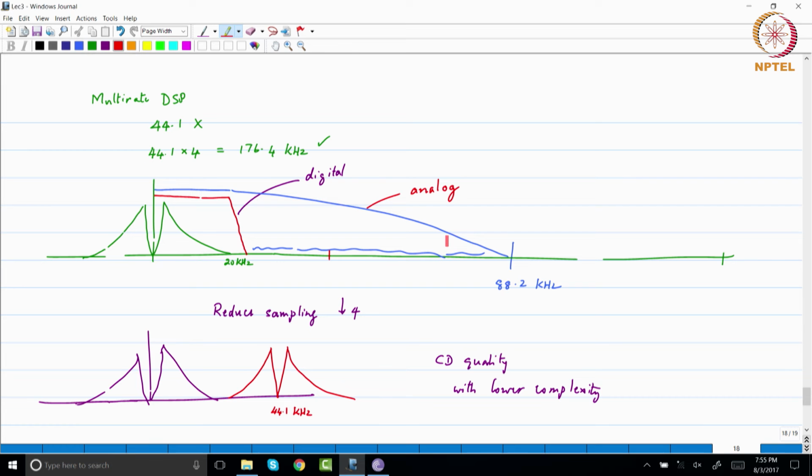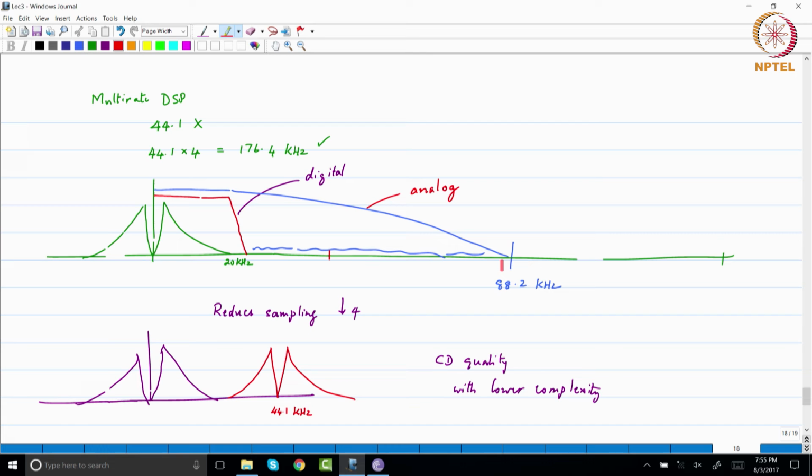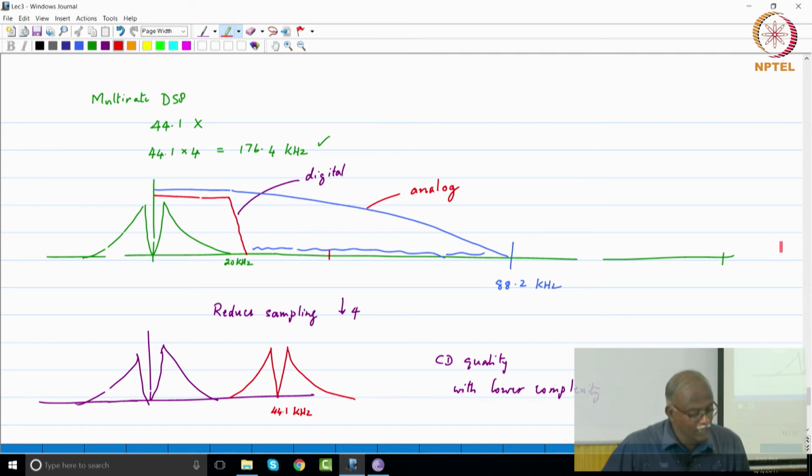No? My question is, is there aliasing in this process? There is no aliasing. Why? Because of omega s by 2. What we did was sample at 176.4, so no aliasing there.